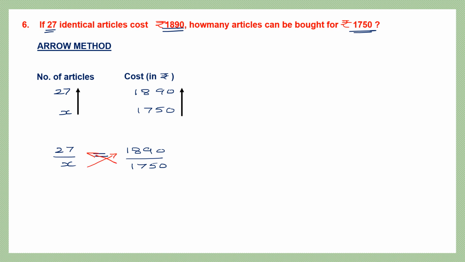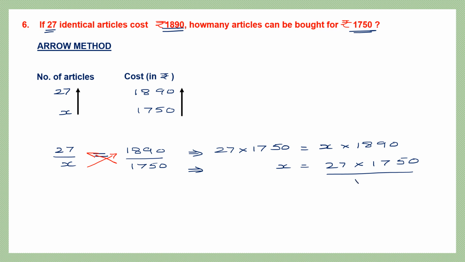Now let's cross multiply both. When we cross multiply, we say 27 into 1750 is equal to x into 1890. Now to find the value of x, we say 27 into 1750 divided by 1890.